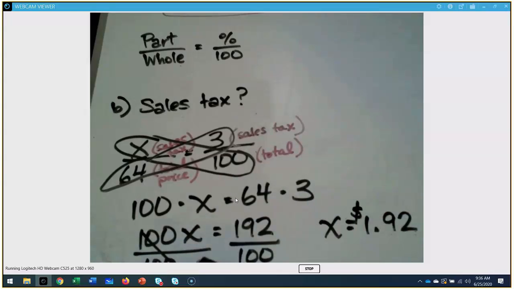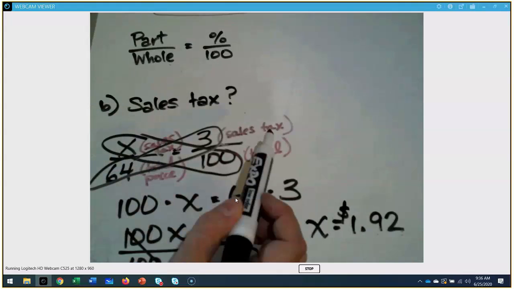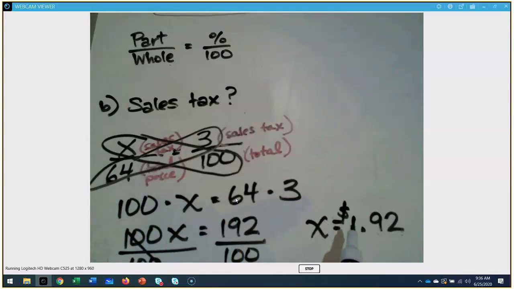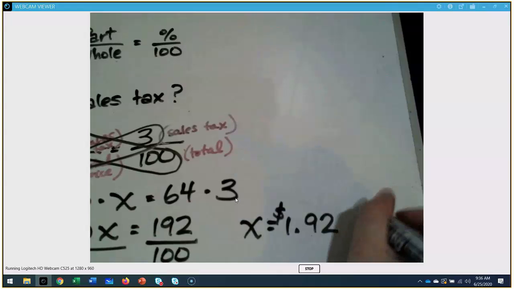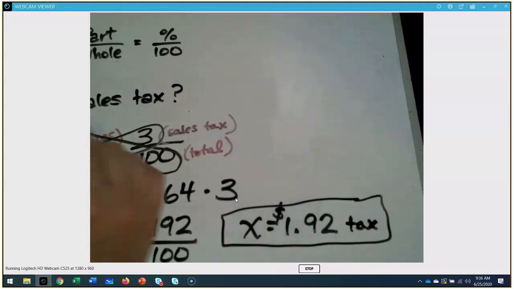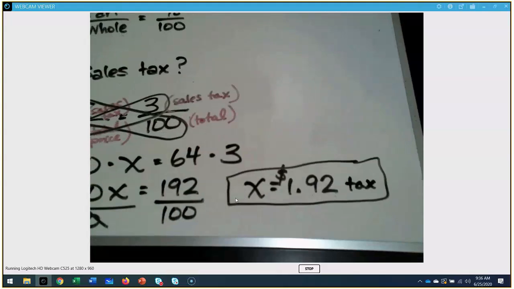Okay, so let's go back and see what is that. This was the sales tax rate, so this is the sales tax as a dollar amount, and that's what they asked for. So we don't have to do anything else to answer Part B. That's what it solved for. That one's done.